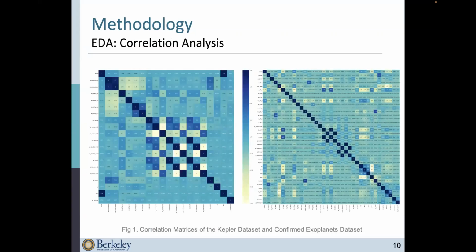For correlation analysis, we plotted the correlation matrices of the Kepler dataset and the confirmed exoplanets set. From these correlation matrices, we drop some features that are highly dependent on other features to reduce the model complexity and avoid high correlation between features.